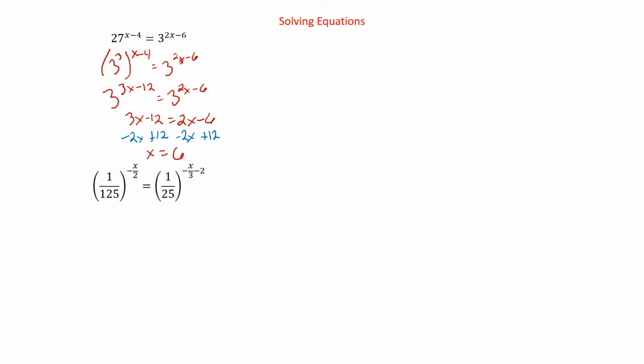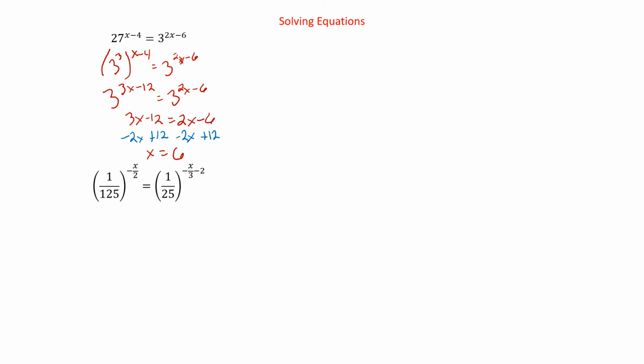Another very similar problem is 1 over 125 to the negative x over 2, and 1 over 25 to the negative x over 3 minus 2. So we have 1 over 125 isn't really 1 over 25 to a power, but these can both be written as powers of something, right? 25 is 5 squared. 125 is 5 cubed.